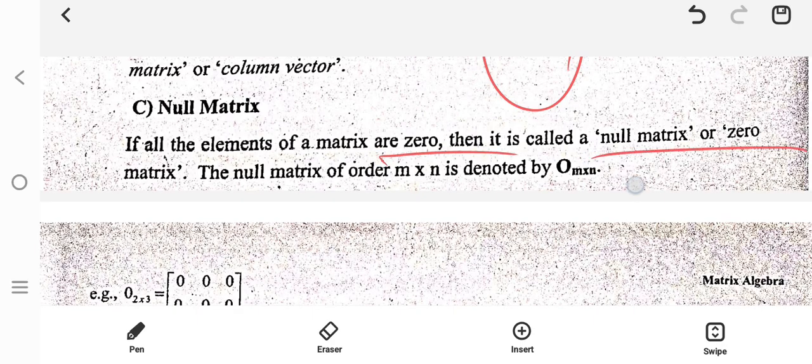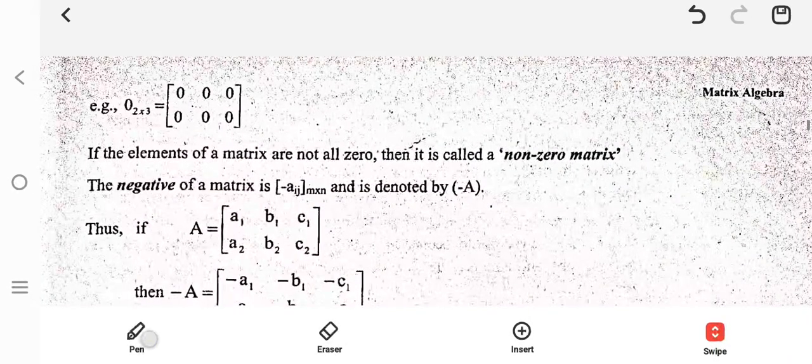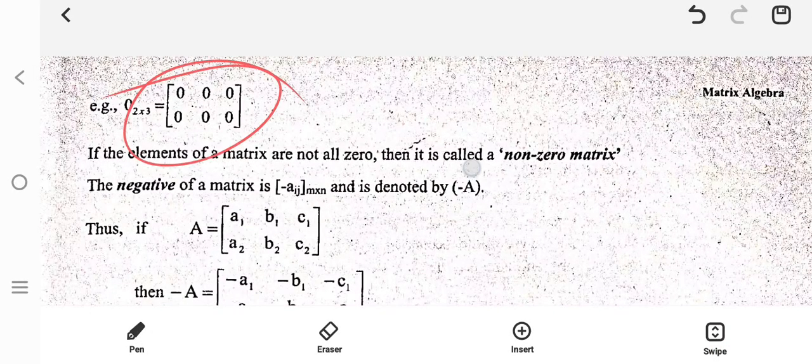And null matrix: if all the elements of a matrix are zero, then it is called the null matrix. We can denote it by the capital O. This is an example of a null matrix, right? If the elements of a matrix are not all zero, then it is called a non-zero matrix.